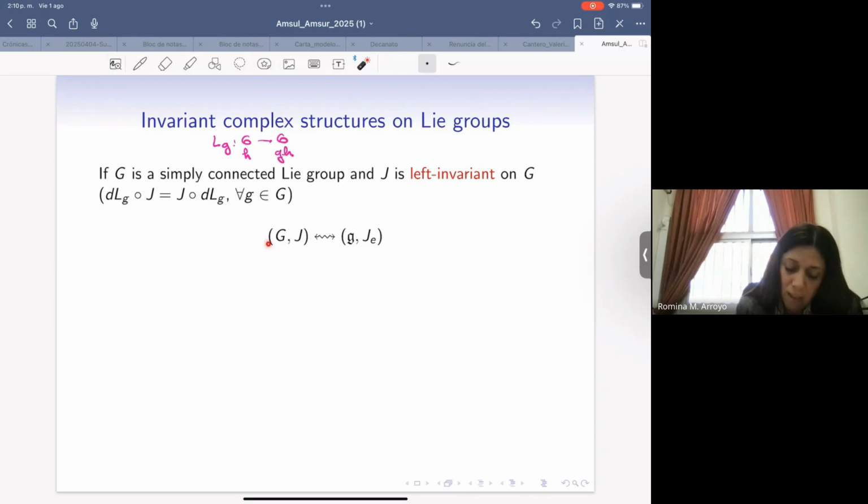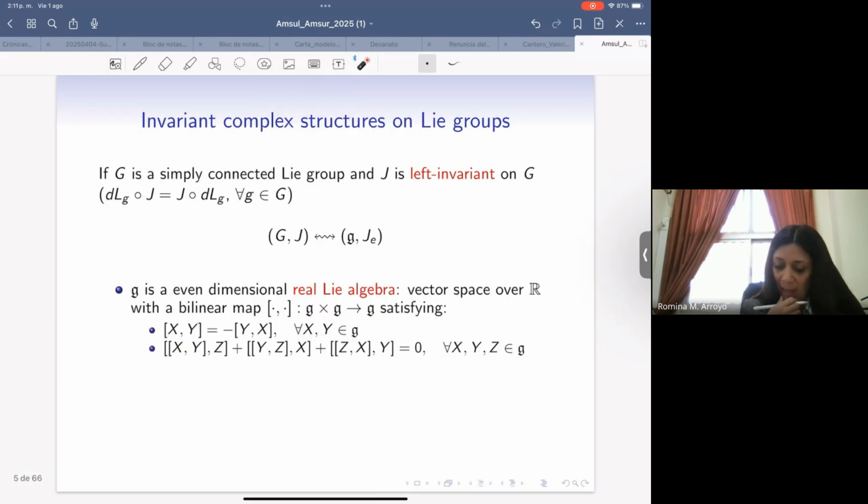So in general, if you consider a Lie group, you can take the identity point on your group and consider the tangent space at the identity point. So this is a vector space, and you can endow this vector space with a bracket, okay?